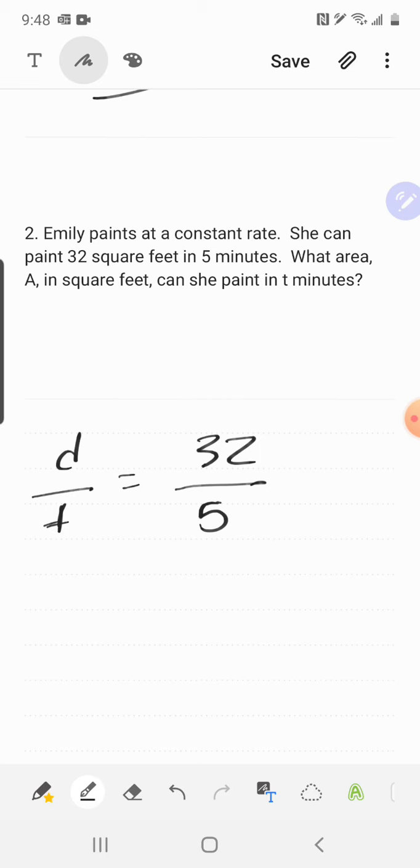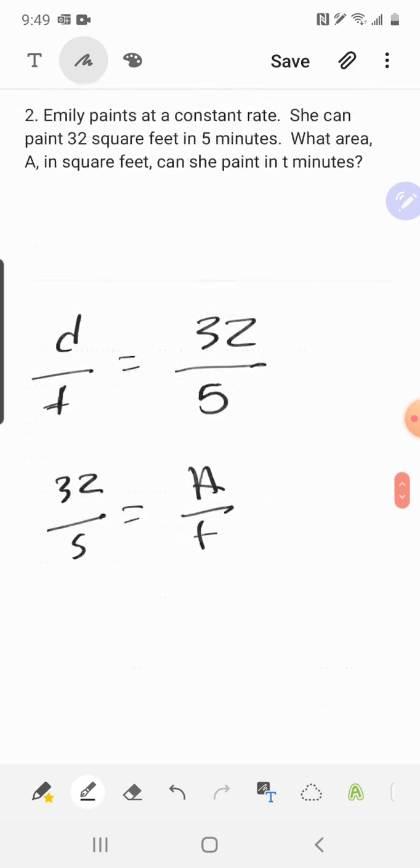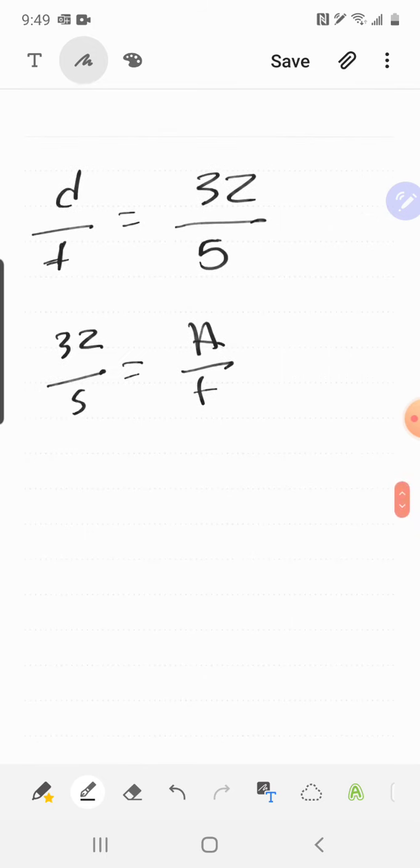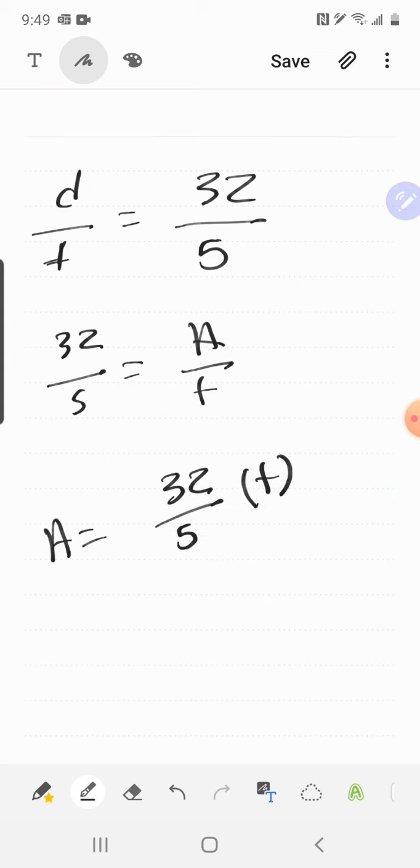And since it's asking us for the area in T minutes, if I want to know, given a time, what the area will be, I can say 32 over 5 is equal to the area divided by the time. And if I am doing a 2-variable equation, I am solving for area, where area will equal 32 divided by 5t. All right. And in this one, that is our answer.